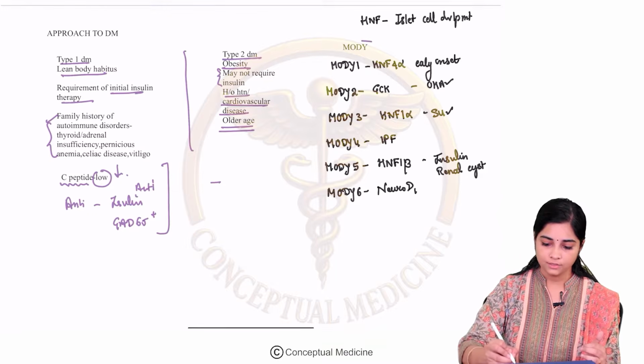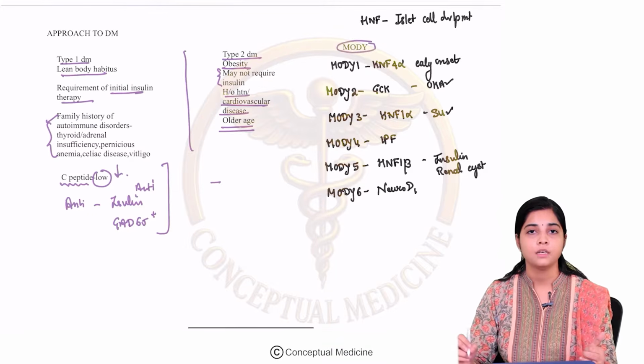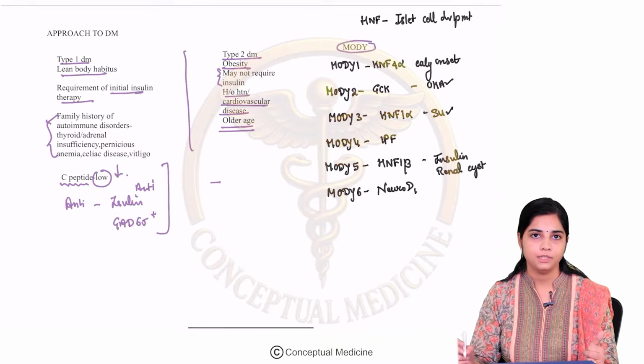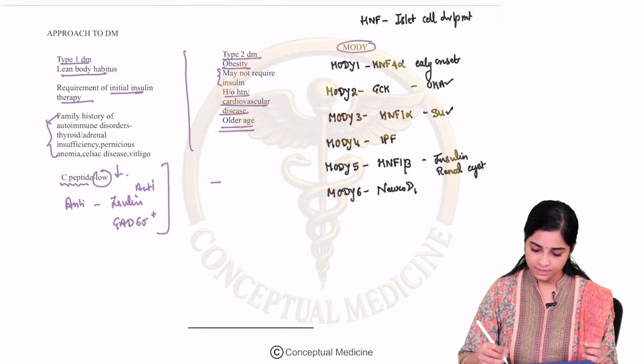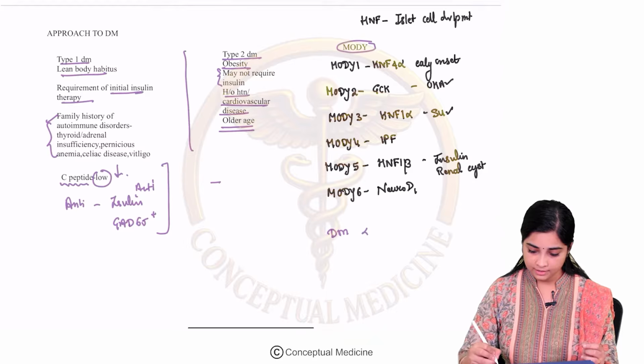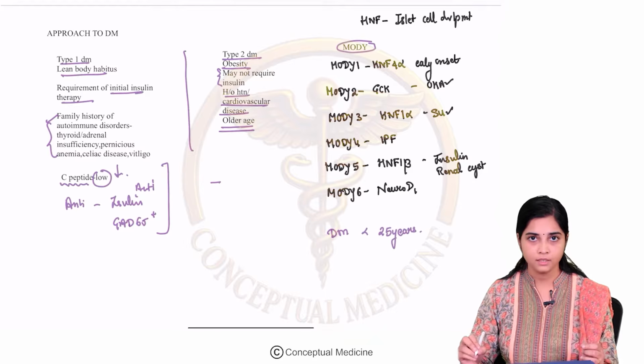Now let us look at this group of disorders that we call maturity onset diabetes of the young, or MODY. So what are the classical features of MODY? MODY is basically characterized by diabetes mellitus that arises at an age of less than 25 years. Okay, fine.